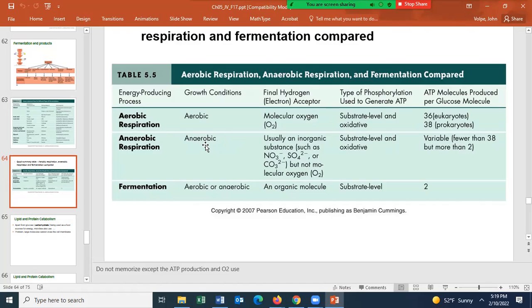It involves glycolysis, the Krebs cycle, and the electron transport chain. The electron transport chain is just different. Instead of the electrons flowing to oxygen as in aerobic respiration, in anaerobic respiration the electrons flow to another molecule other than oxygen. And in fermentation, the electrons flow to an organic molecule.